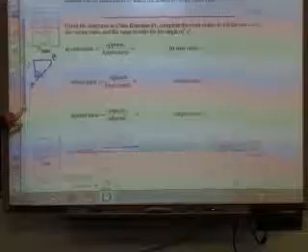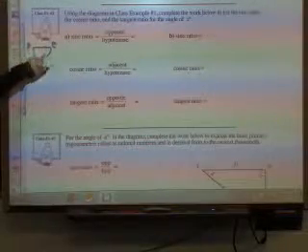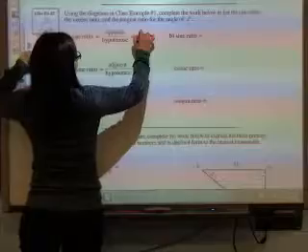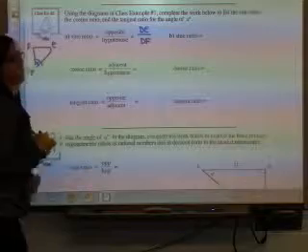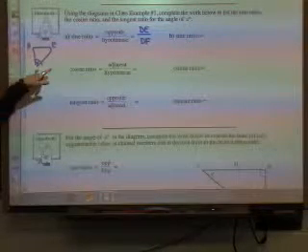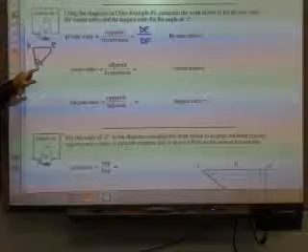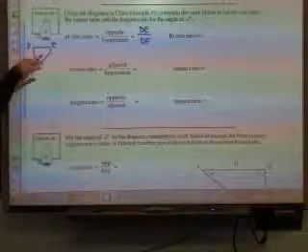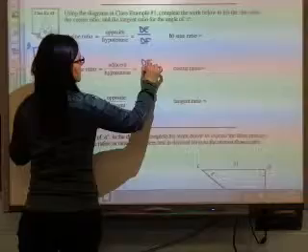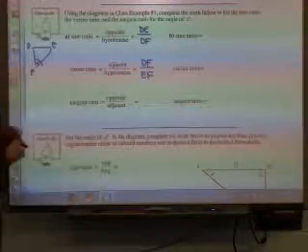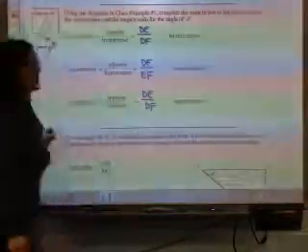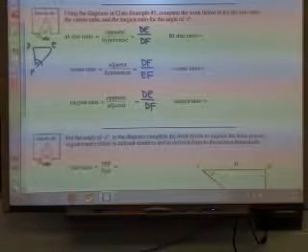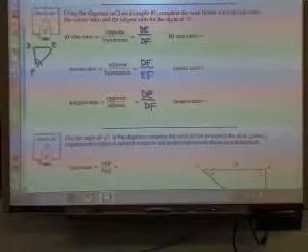Using the sine ratio, which was opposite over hypotenuse, I would label it as side DE over side DF. The cosine ratio, which is adjacent over hypotenuse, would be DF over EF. And then the tangent, being the opposite over the adjacent, would be DE over DF. And if you wrote down ED over FD, it would still be correct.